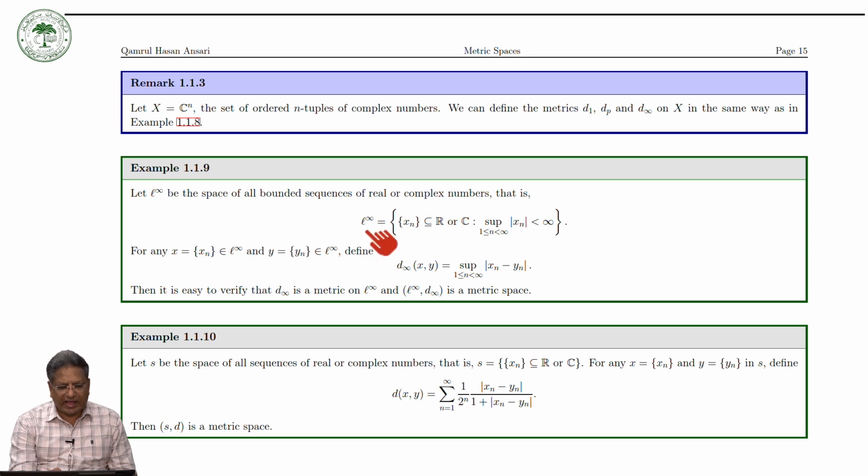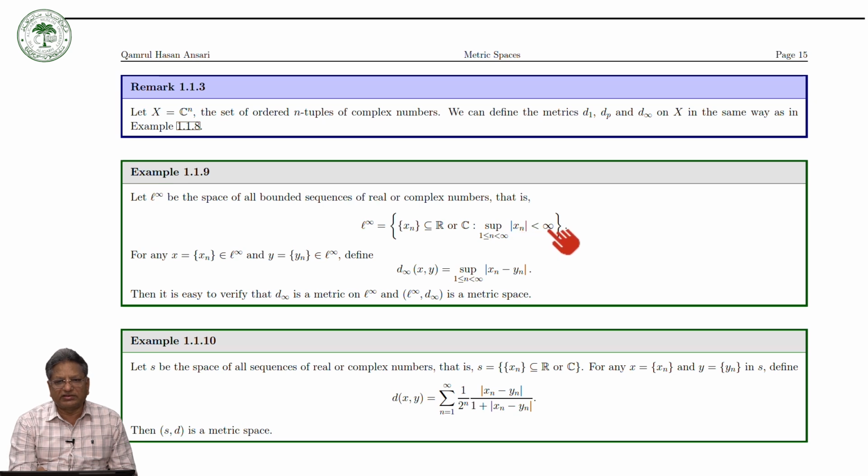That is to say, L infinity is the set of sequences of real or complex numbers. Keep in mind, either all sequences of real numbers or all sequences of complex numbers, such that the sequence is bounded. Bounded means the supremum of mod of xn is less than infinity.